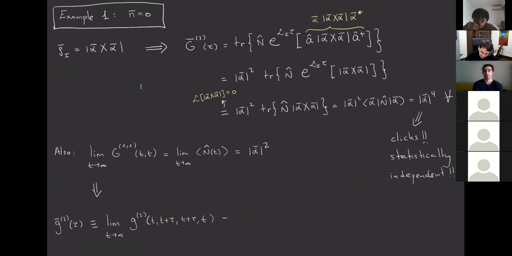And this is extremely simple because, by definition, this is G2 of tau divided by the square root of the limit when t goes to infinity of G11 of tt, but we have this 4 times.